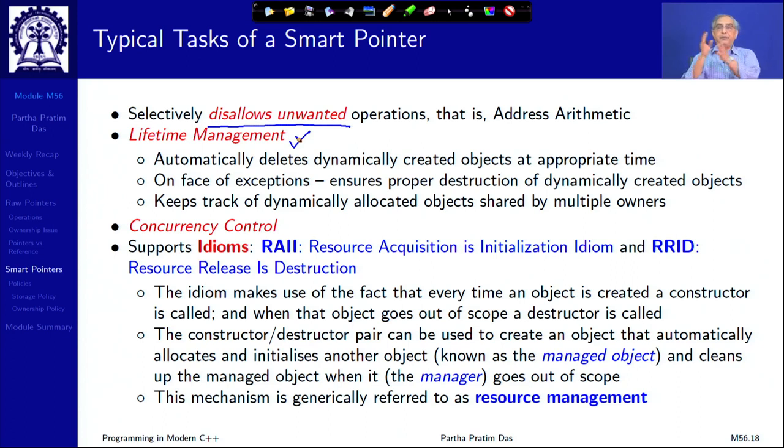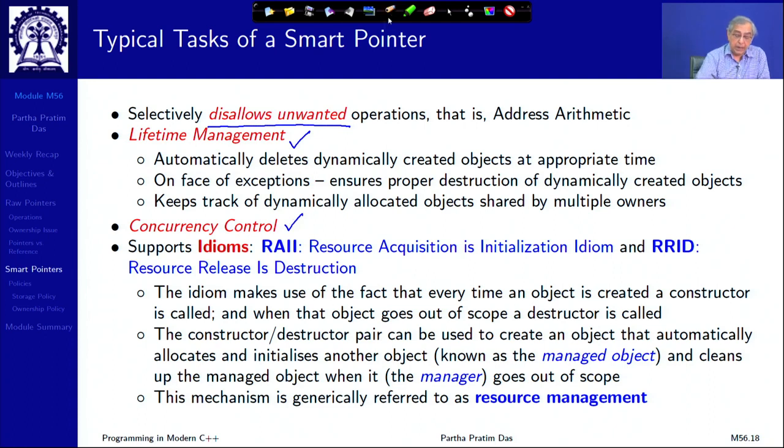In the face of an exception, it can ensure the proper destruction. It is also useful in concurrency control, and it supports the basic resource management idioms: RAII, the resource acquisition is initialization idiom, and RRID, that is the resource release is destruction idiom.